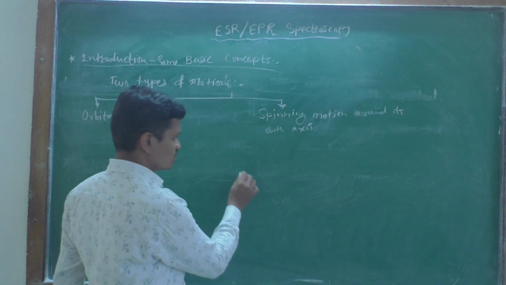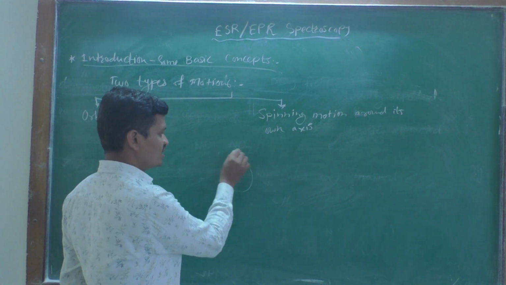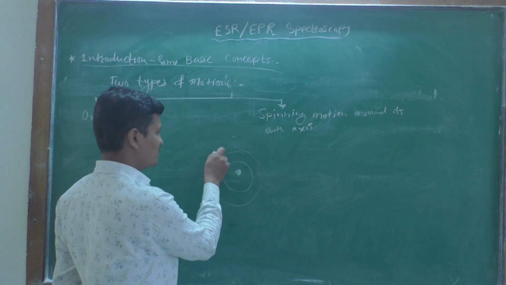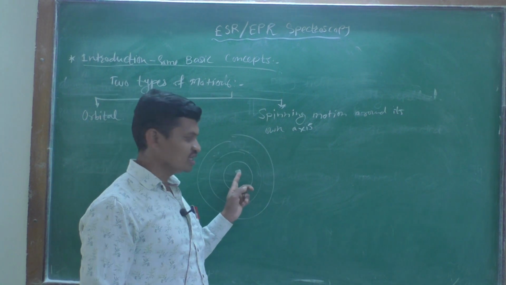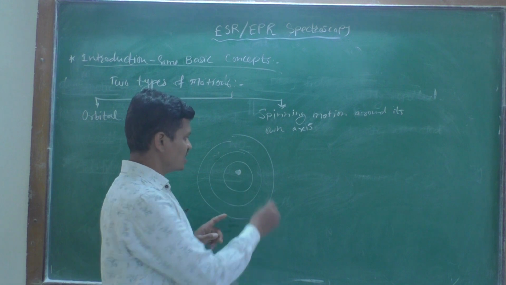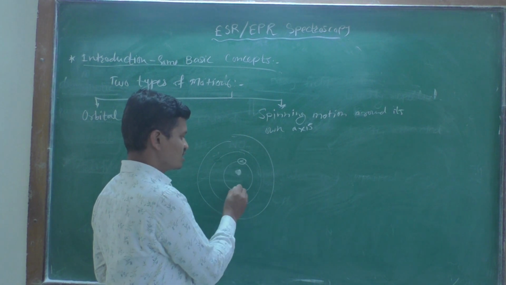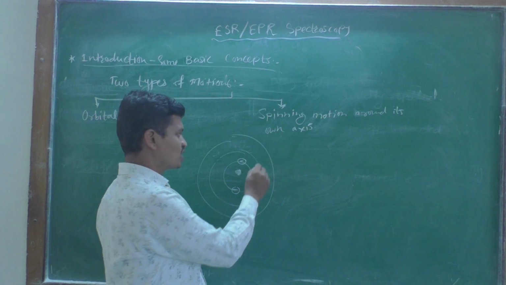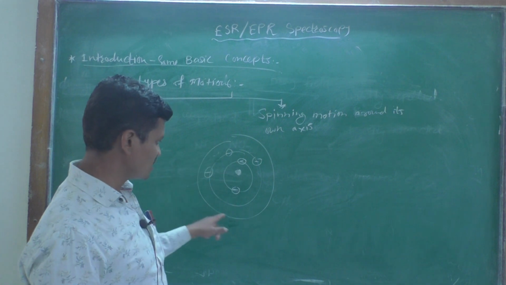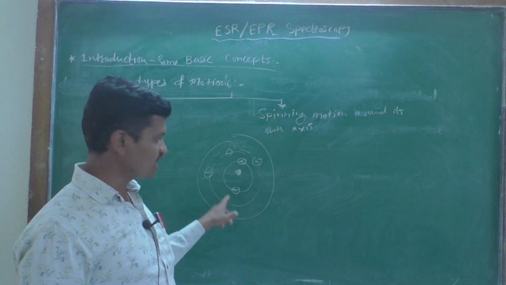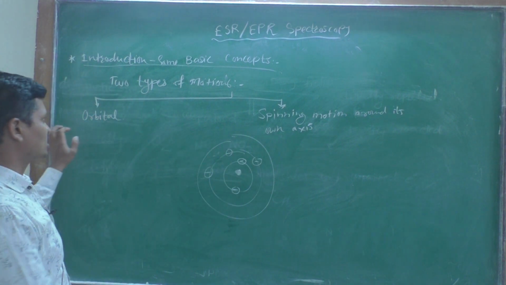Suppose this is the central nucleus of an atom, and these are the shells or orbits around this central nucleus. In the nucleus, protons and neutrons are present, and in these orbits or shells electrons are continuously moving. In the first shell 2 electrons, in the second 8, etc. These electrons are continuously revolving around these orbits, so that motion is called orbital motion.